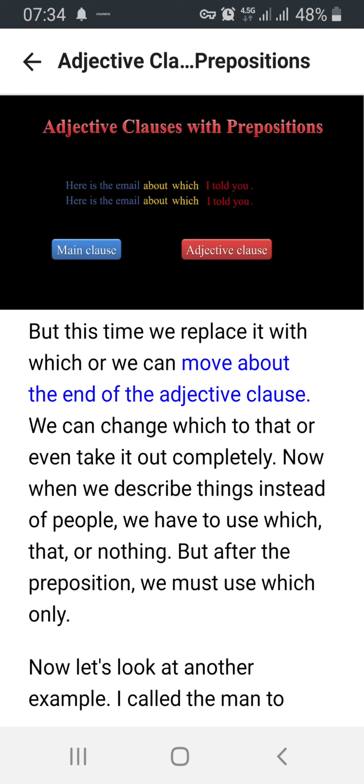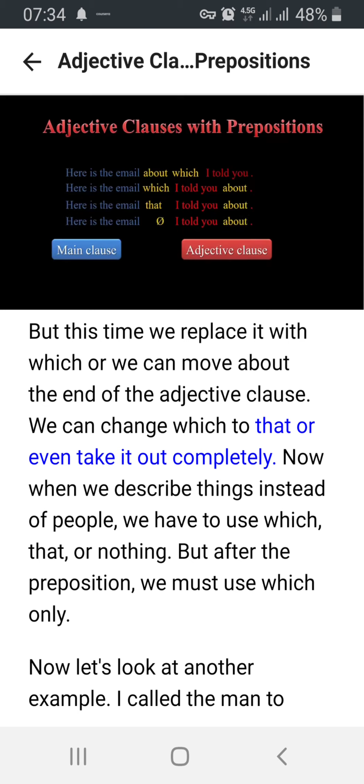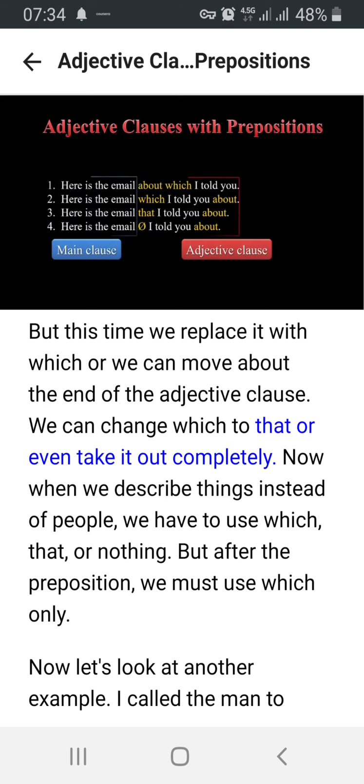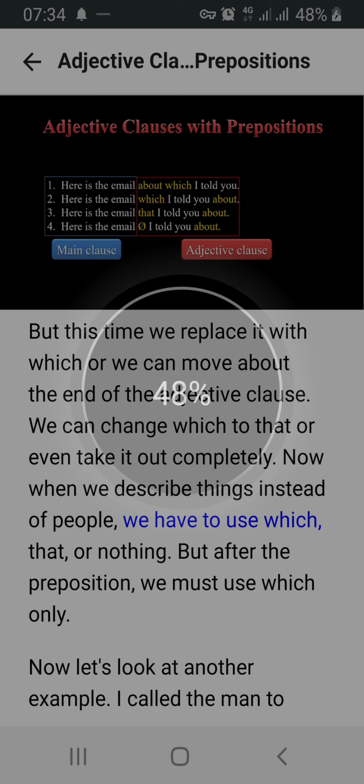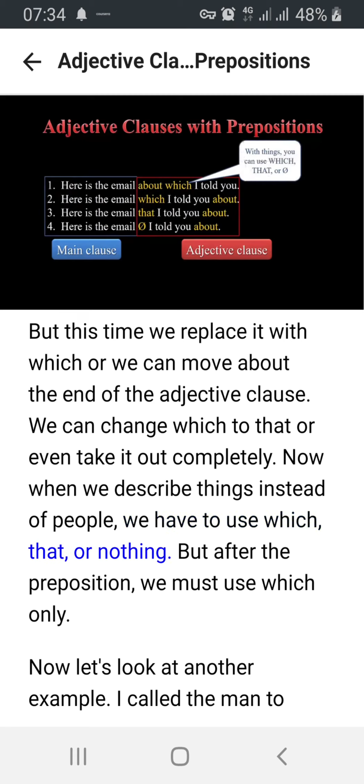Or we can move about to the end of the adjective clause. We can change which to that, or even take it out completely. Now when we describe things instead of people, we have to use which, that, or nothing. But after the preposition, we must use which only.